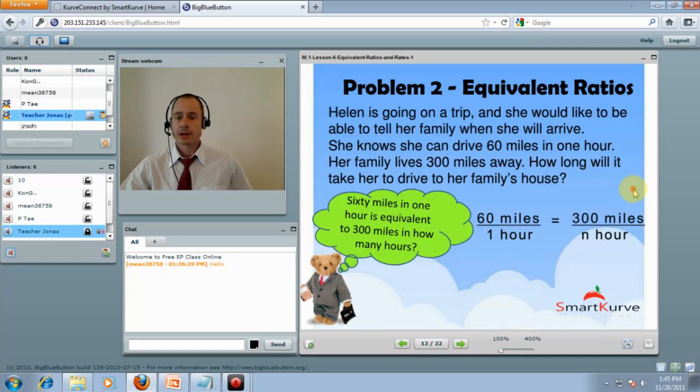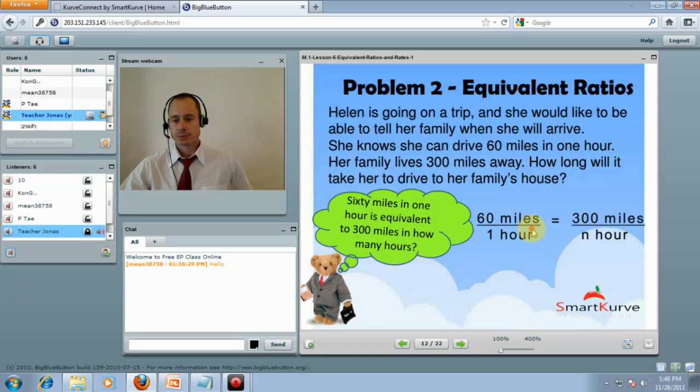Helen is going on a trip and she would like to be able to tell her family when she will arrive. She knows she can drive 60 miles in 1 hour. Her family lives 300 miles away. How long will it take her to drive to her family's house? So, first of all, you have to set up the two ratios.